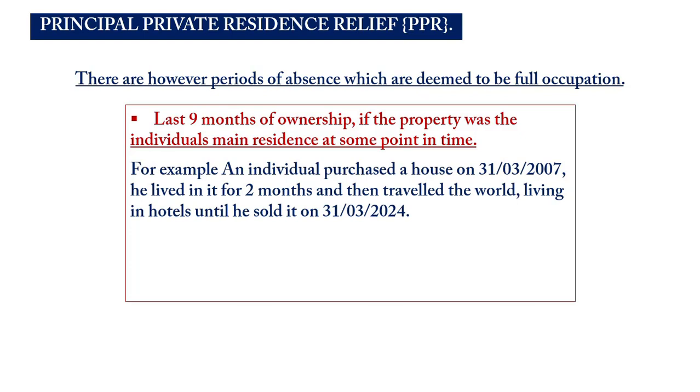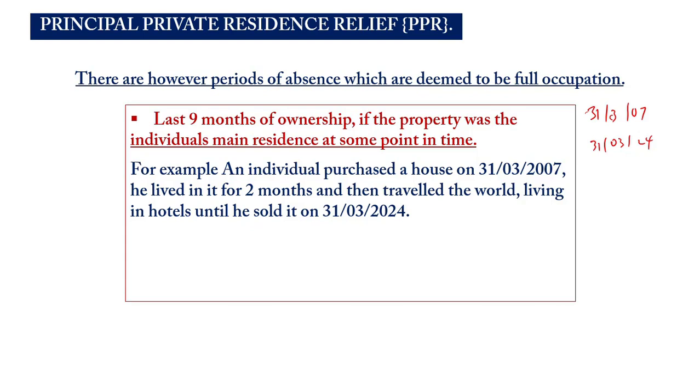So, for an example, the house was purchased on 31st March 2007. Then the owner lived in it for 2 months and then traveled the world, living in hotels until it was sold on 31st March 2024. So, the house was bought on 31st March 2007 and the house was sold on 31st March 2024.